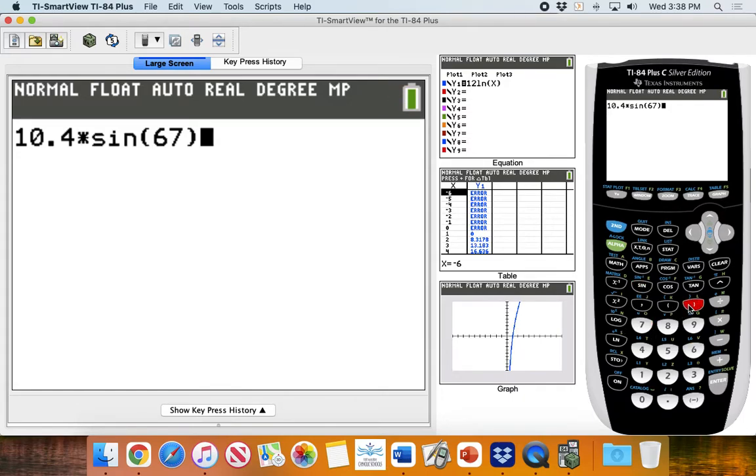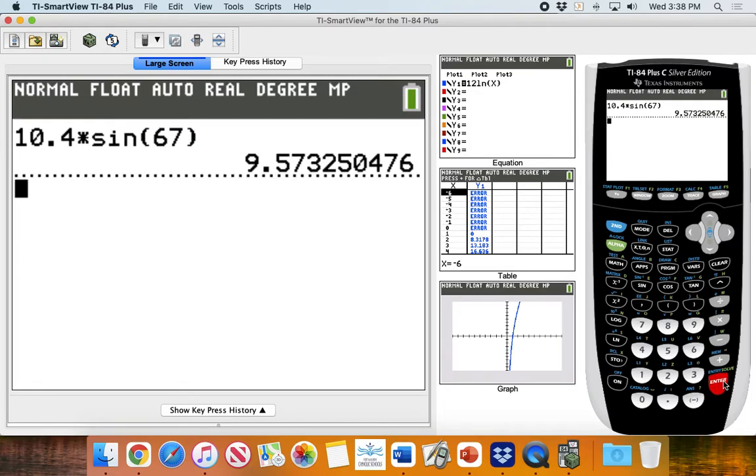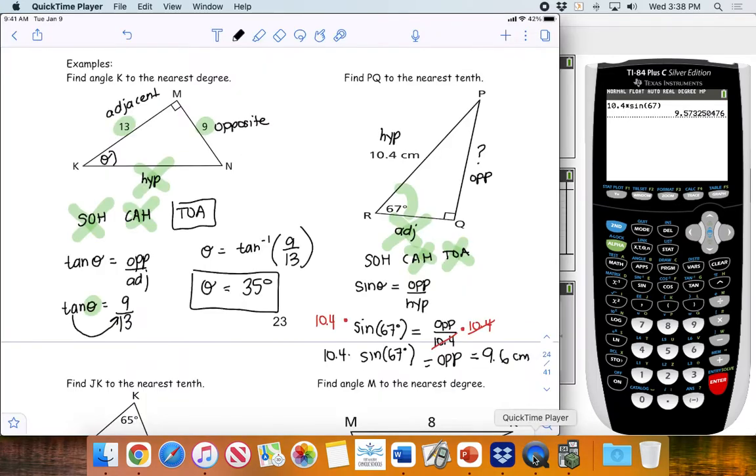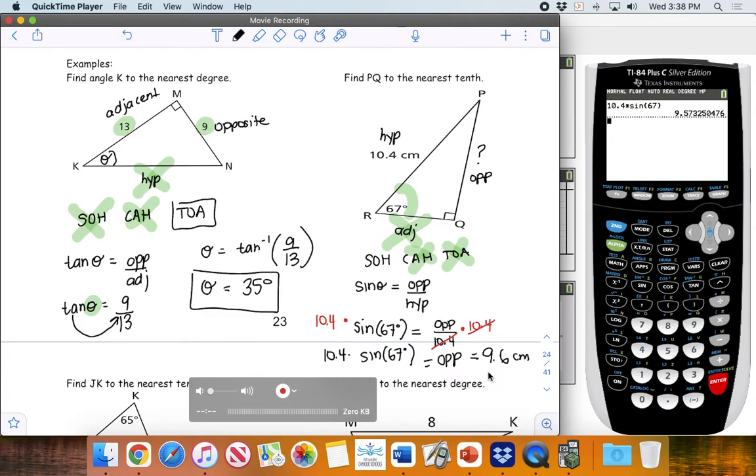Sine, cosine, tan will always depend on something, so you need brackets around the value that you're putting. And you should be getting that your missing side PQ to the nearest tenth is 9.6. That's going to be in centimeters because it does give us units. So round this to 9.6 because of the 7 right next to it. So I wrote my answer.